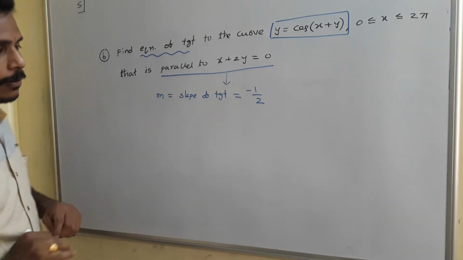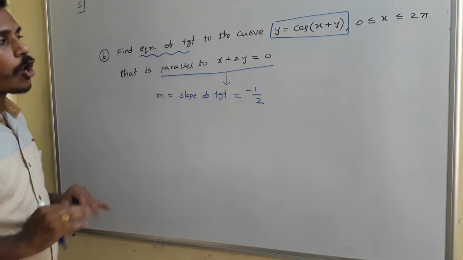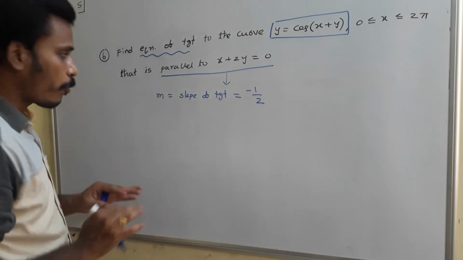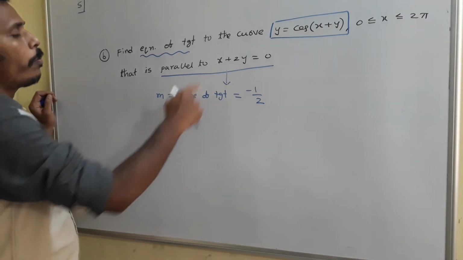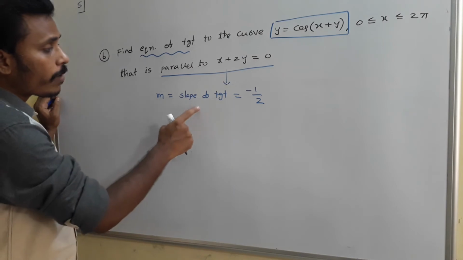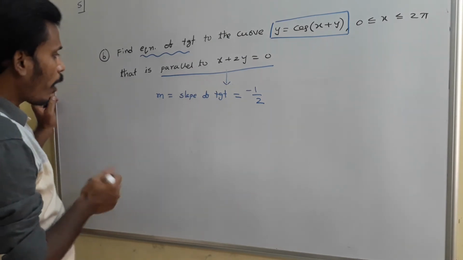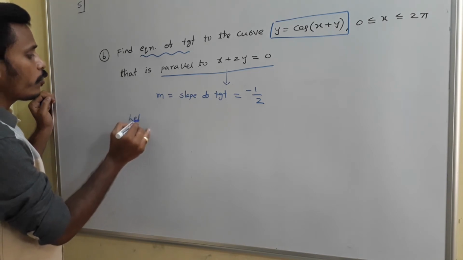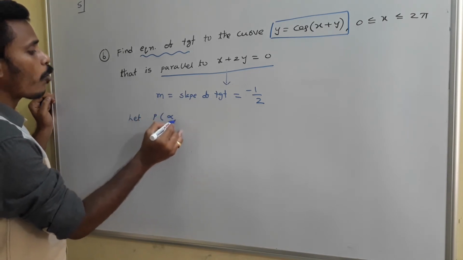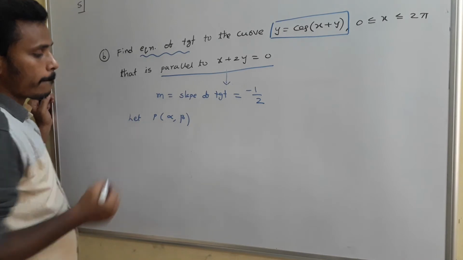That is directly given. And the point is not given, and we need to search for the point using this slope and that curve. The slope of the tangent is what actually? dy by dx at the point. Here the point is not given. Initially you just let the required point be alpha comma beta.